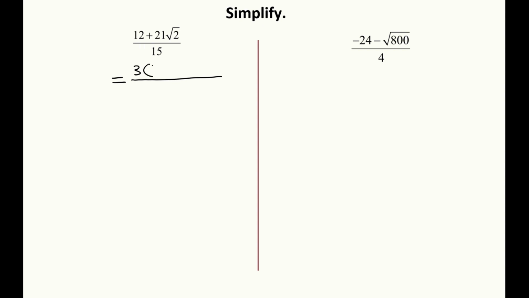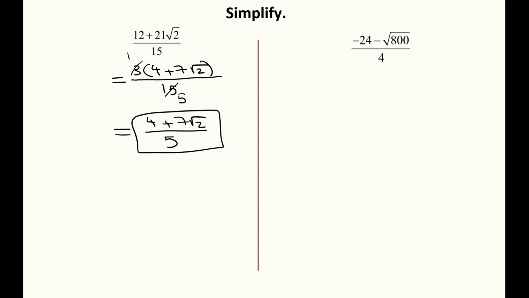So 3 leaves us 4 plus 7 radical 2 over 15. And now we can legally cross cancel these because they are now factors. That leaves us 5 and 1 on the bottom. So we just basically end up with 4 plus 7 radical 2 over 5.